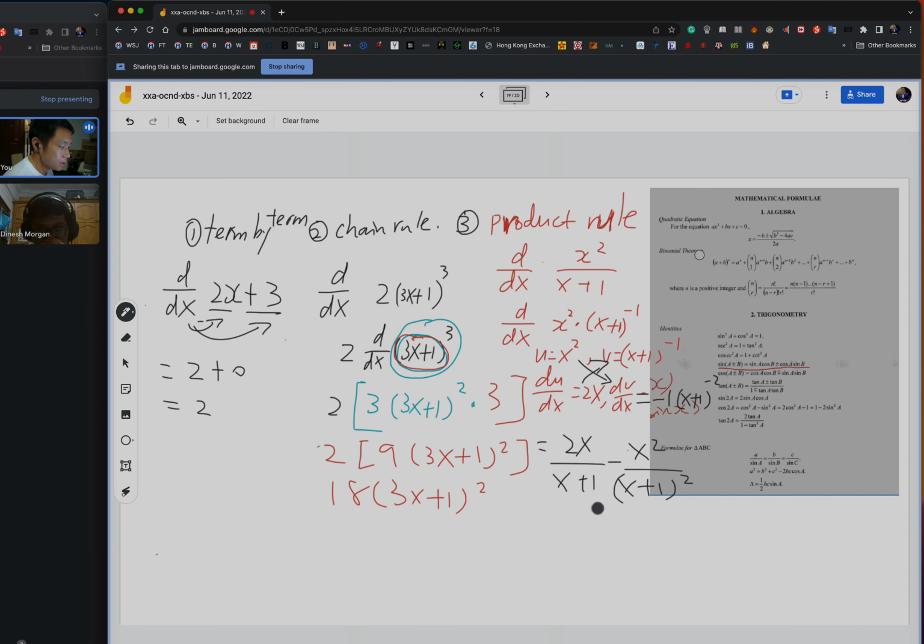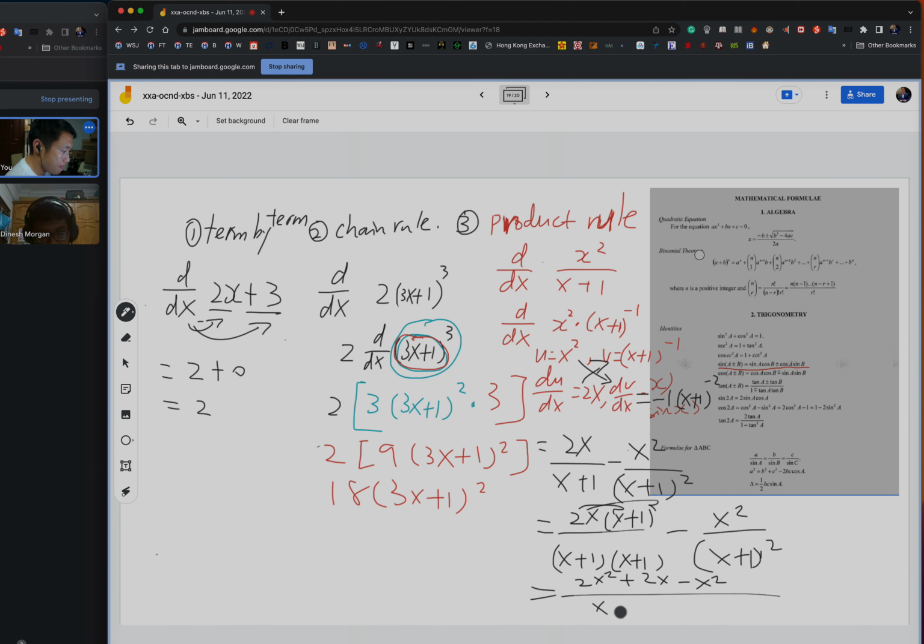Of course, some students will combine this into a single fraction, and x squared, but not necessary. So these are the 3 major categories.